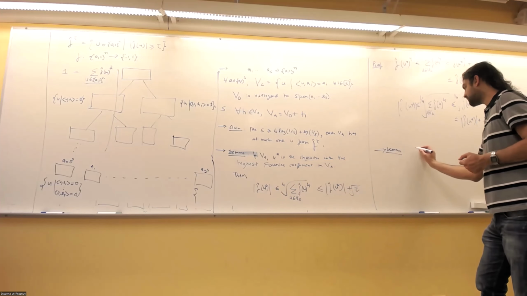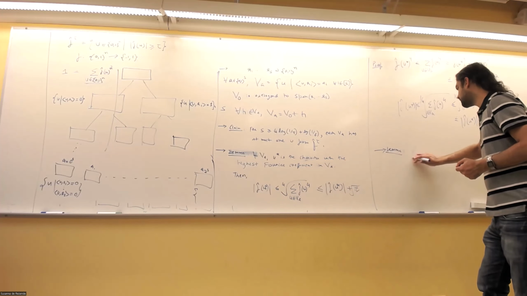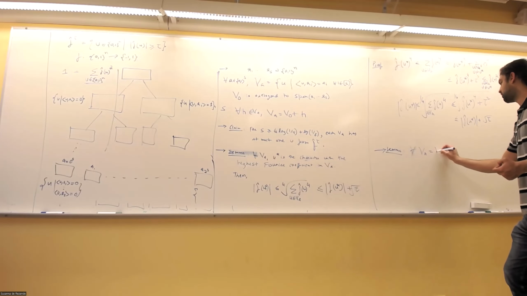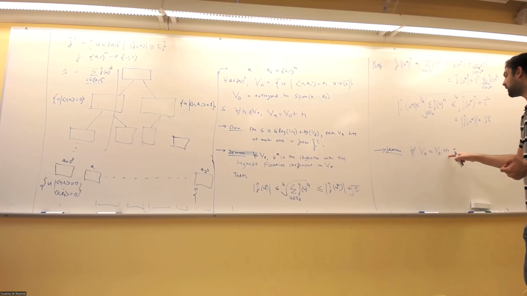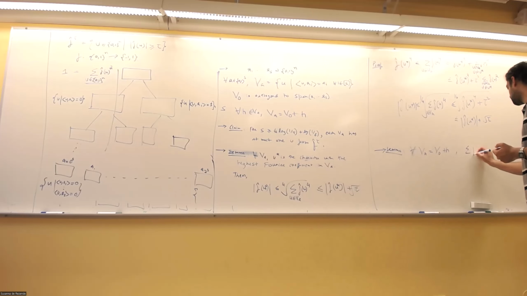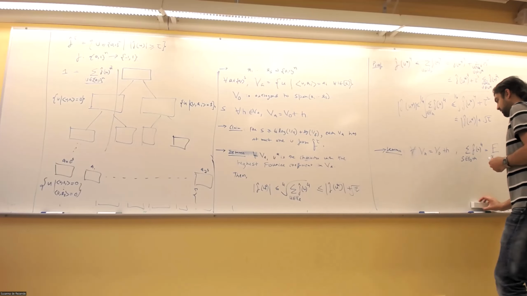And the way to do that is, for any such vector space, which I also call V0 plus H, for some arbitrary representative of the coset, we have that the sum of f hat of U to the fourth, for U belonging to V0 plus H, is the largest expression.